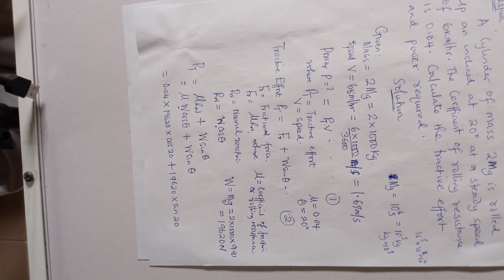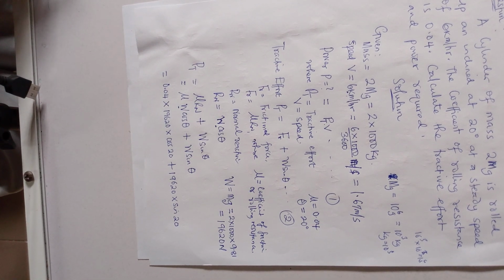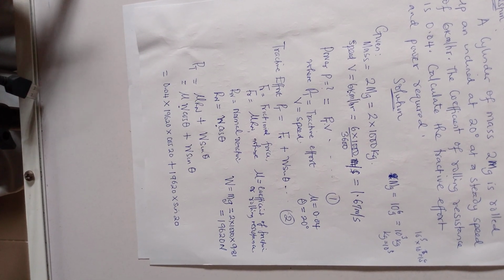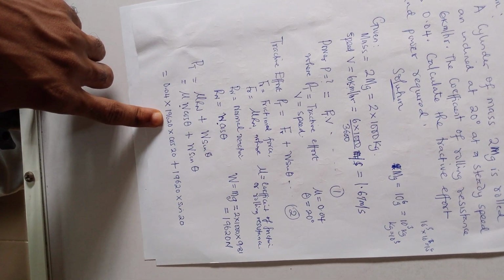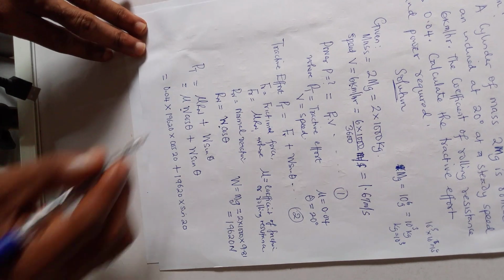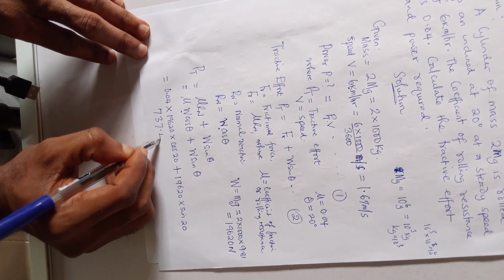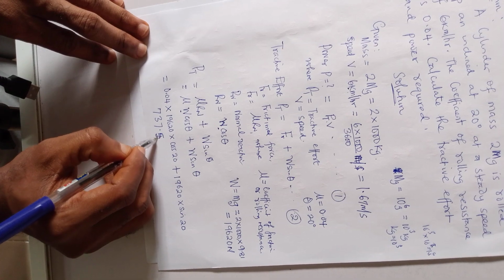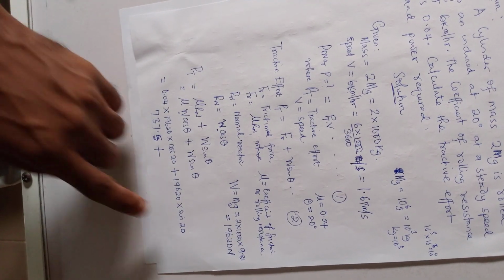Cos 20 is 0.94, so we multiply it by 0.04 times this value, 19620, and that gave us 737.4. Okay, we can make it approximately that, plus we also deal with this part.